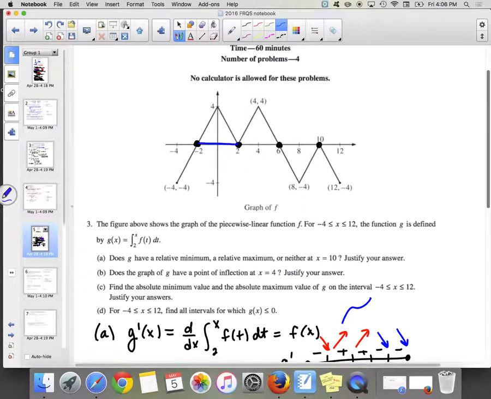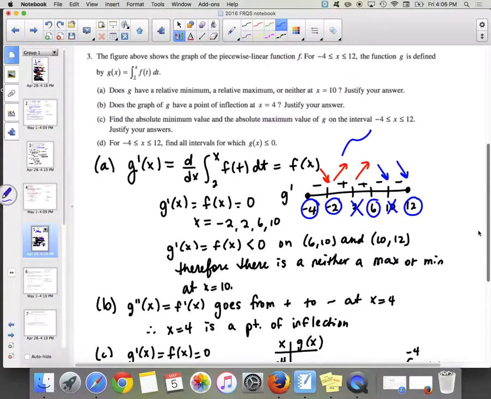So this triangle right here, this triangle right here, this triangle, and this triangle, we can kind of see some symmetry here. So if I have 1/2 base times height, the area of this one is going to be 2 times 4 divided by 2. So it's going to be 4. So we have 4, 4, and you can see that all of these are, so that's 8, 8, and 4.